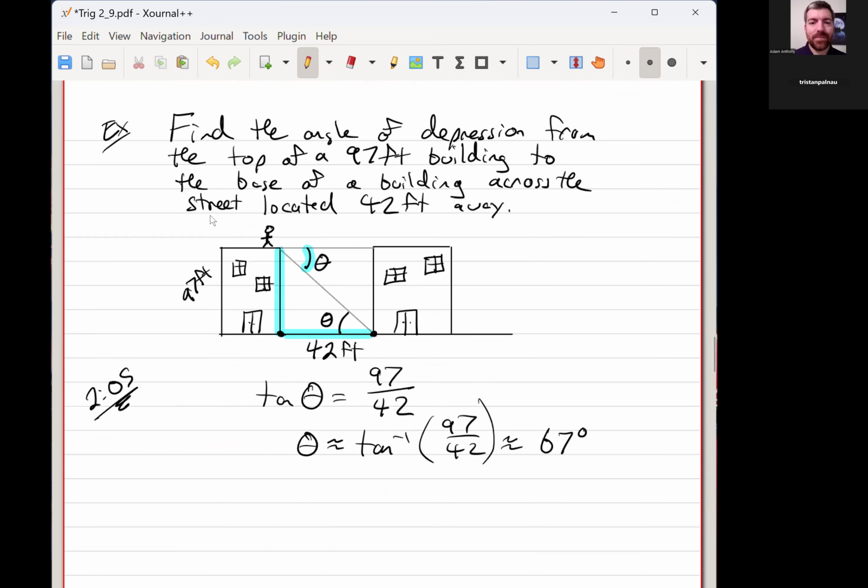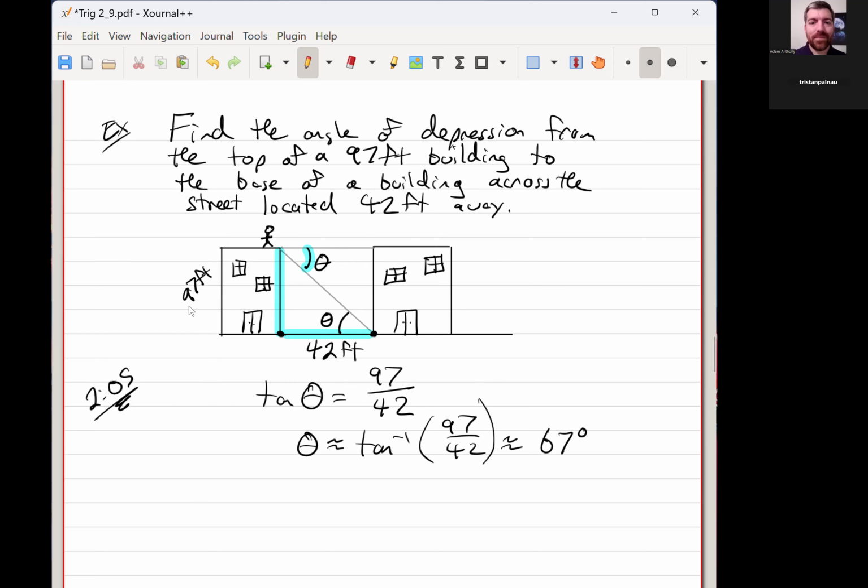Another example here. Let's find the angle of depression from the top of a 97-foot tall building to the base of a building across the street located 42 feet away. Okay. So I've drawn a picture here, and let's kind of go through the picture. We've got a building. We've got the surveyor here on the top measuring the angle. We've got the building across the street, and we know the buildings are 42 feet apart, so I'm going to put that on there.